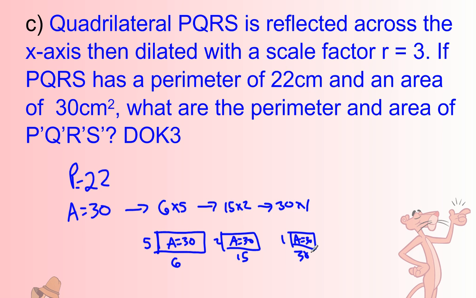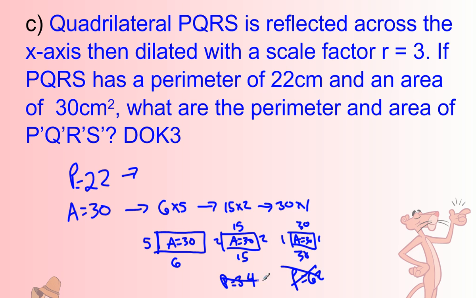Now, if I'm lucky, maybe one of these three would give me a perimeter of 22. Well, let's see. This one, 30, 30, 1, 1, would give me a perimeter of 62. So that's not going to work for us. This would give me a perimeter of 15 and 15, 2 and 2, which is 34.